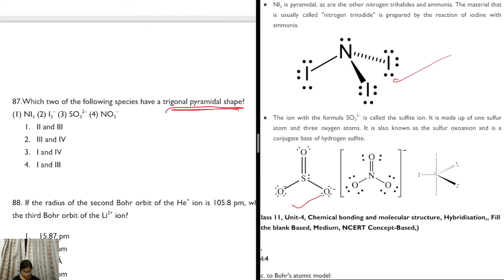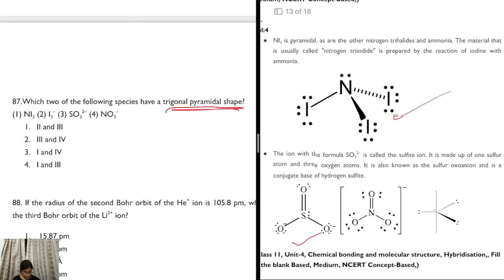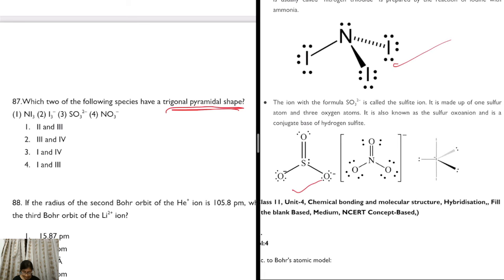This would be the structure for NO3 negative. This would be the structure. And for I3 negative, it would be the structure. How did we calculate this, how did we find this out? We'll do it like this.